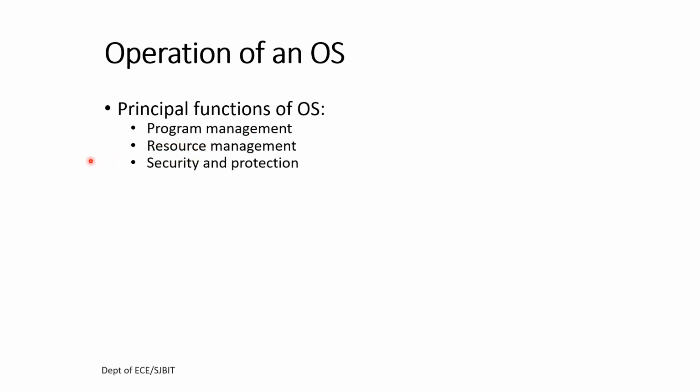The third one is security and protection. We know that some files could be accessed by other persons, so some kind of security is required. That security and protection is provided by the operating system. We have already studied security and protection through authentication.